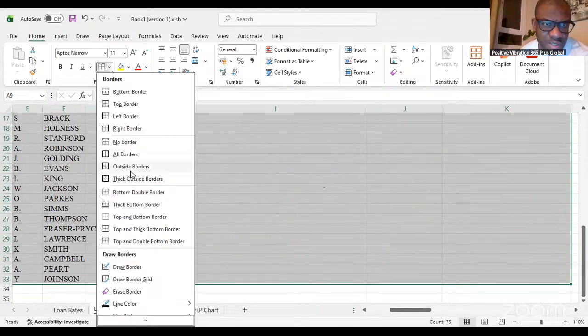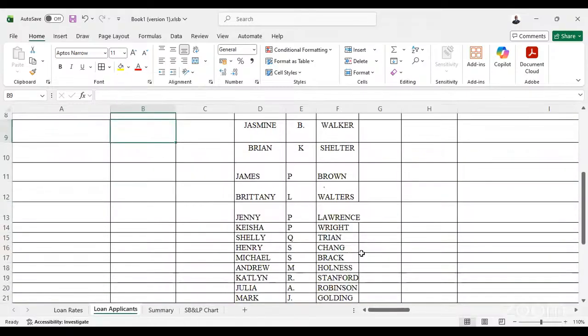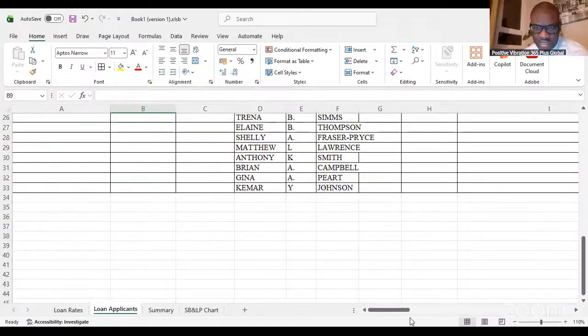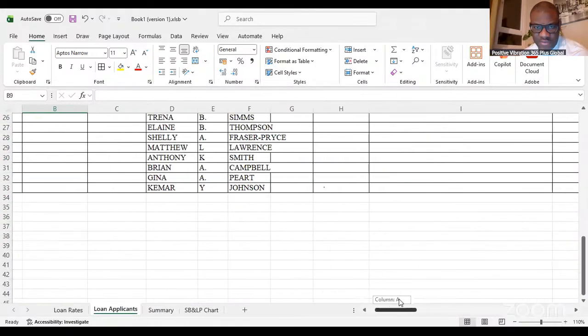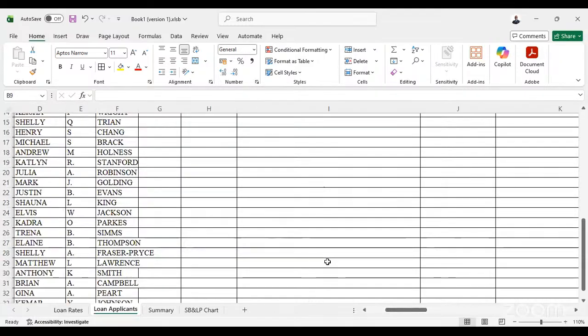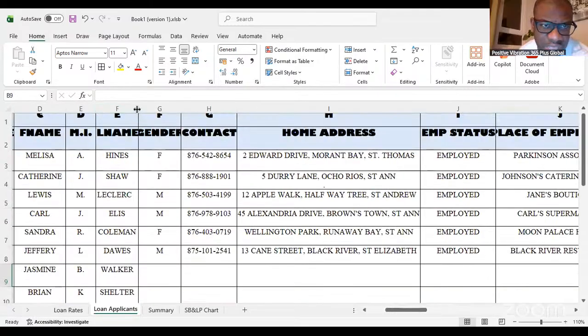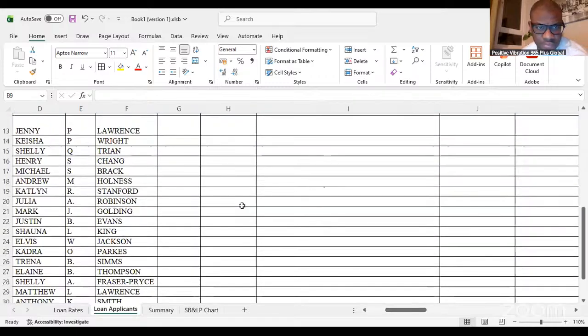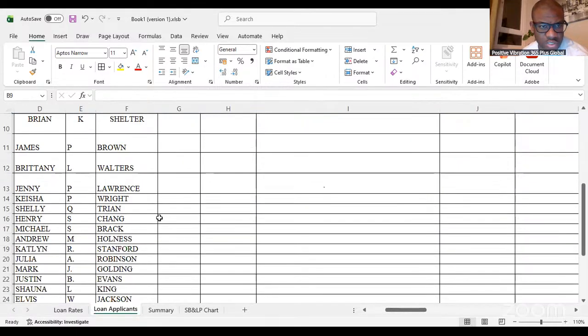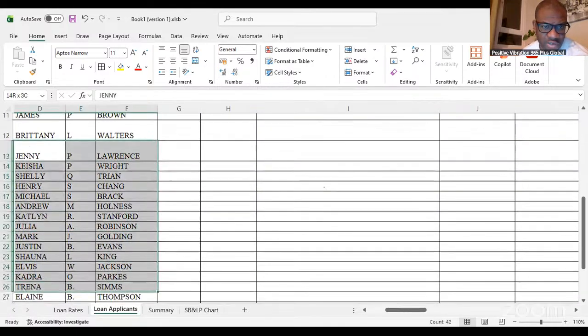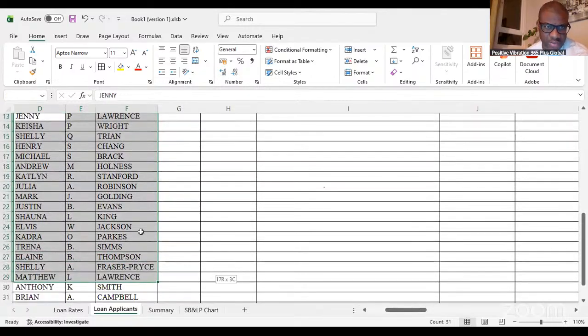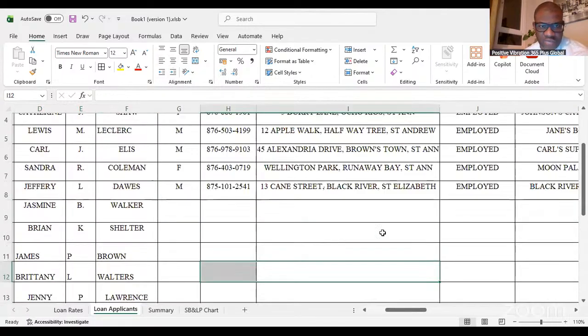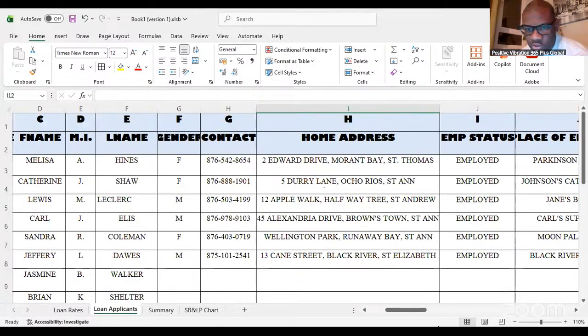Isn't it just the A to Z sort? Yes, sir. No, you have to do it by two levels. So I'm going to do a little bit more than that. So I'll leave that for you to finish, formatting how you want that part.